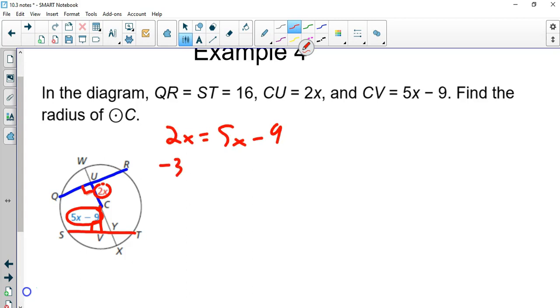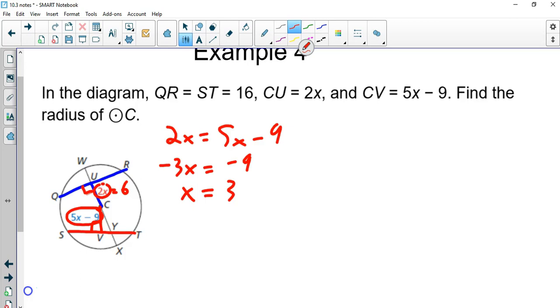Subtract 3x, divide by negative 3, and negative 9 divided by negative 3 is positive 3. So x is 3. If we plug 3 in, we find that UC is, right here, 6. And so is CV, 5 times 3 minus 9.